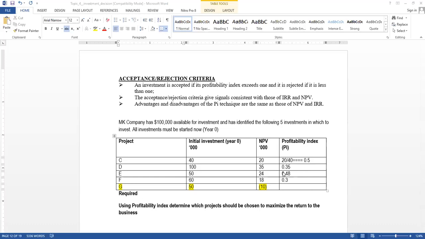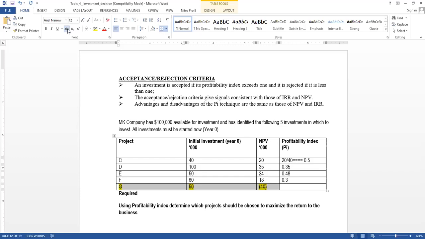Because it is a negative. Yes, because it has got a negative NPV. So ideally, since project G has a negative NPV, that means you don't even need to waste time on it, because it will not generate a return that is higher, or that is going to maximize the wealth of the shareholders.